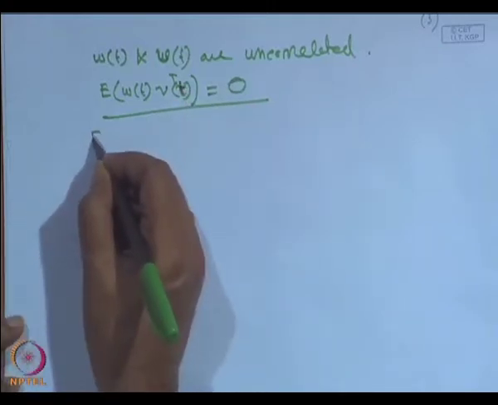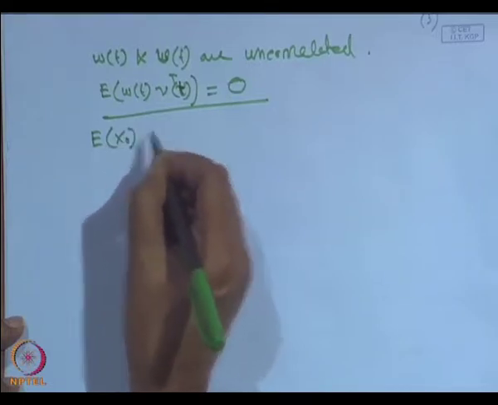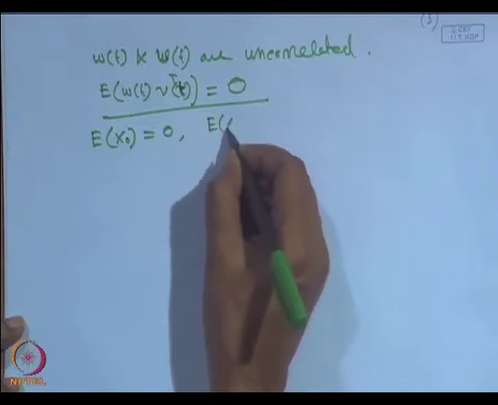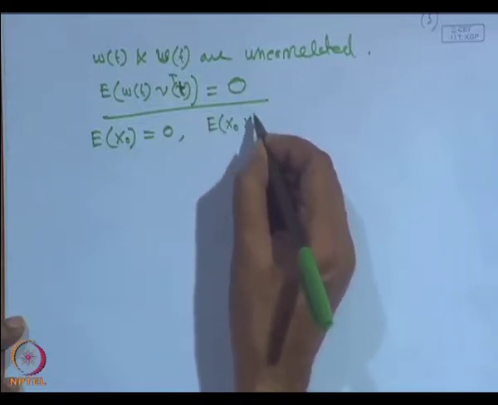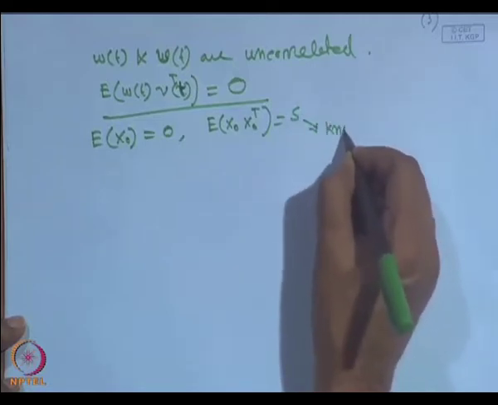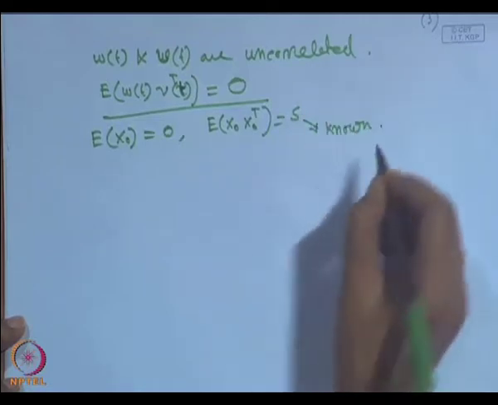And also we assume that the initial state has 0 mean, and its covariance is equal to S, which is a known matrix.